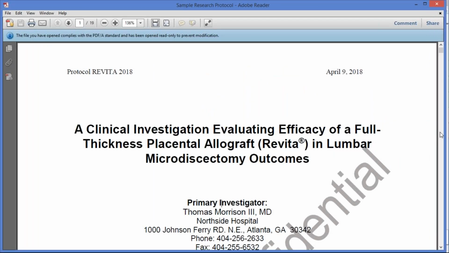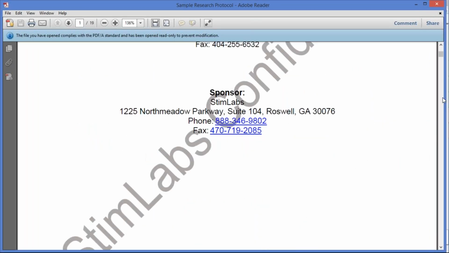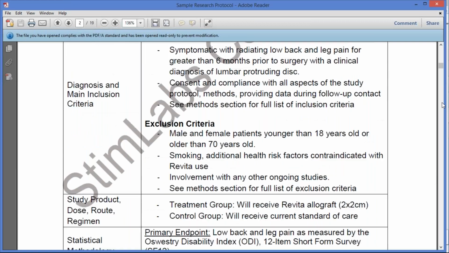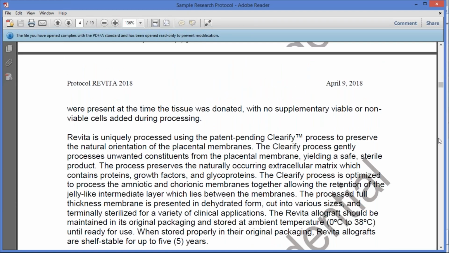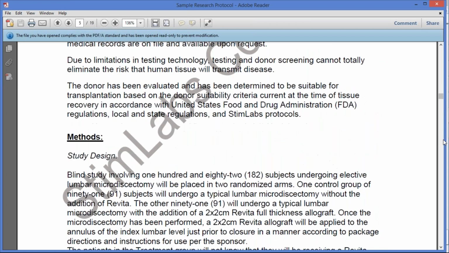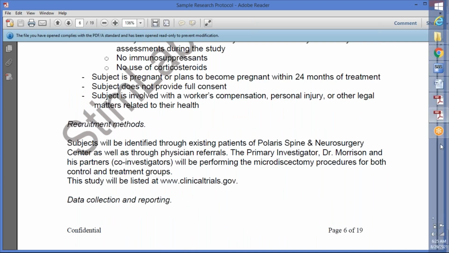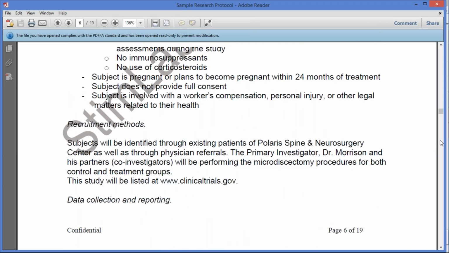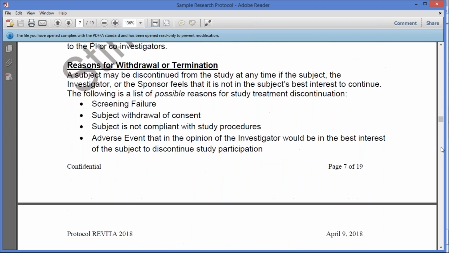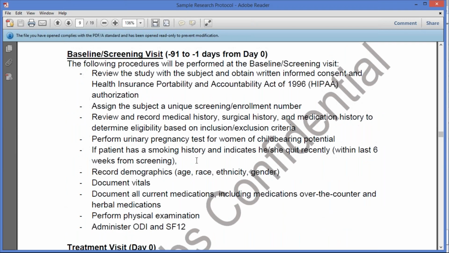This is a protocol. You can see here during which interval which data is to be collected. It is given in the protocol. You can see at baseline what data to be collected.